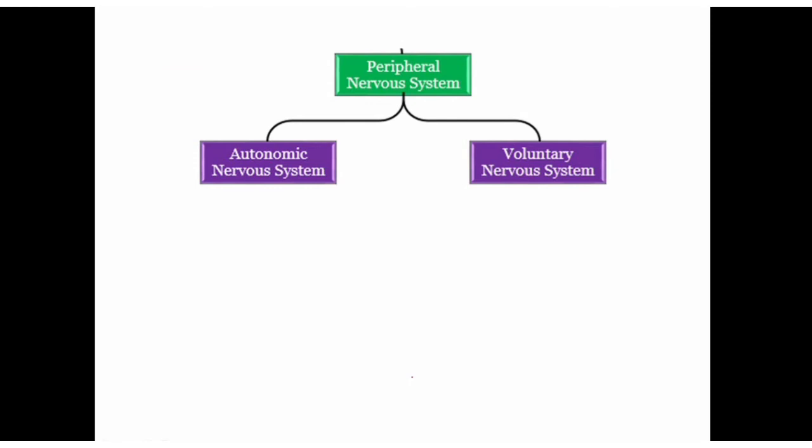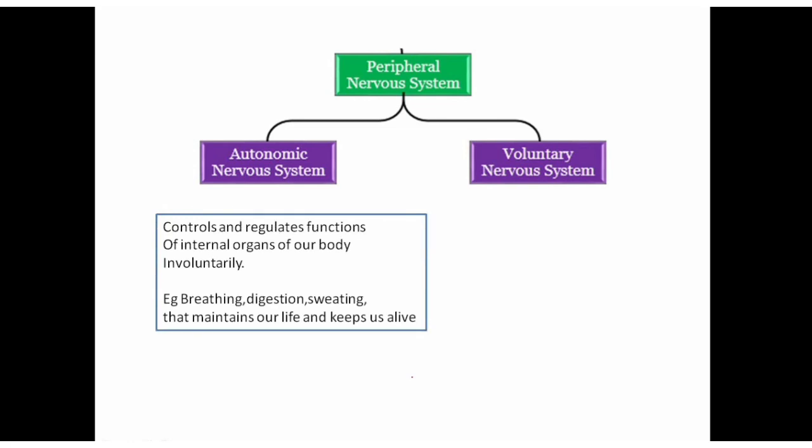Now, we have completed the central nervous system. Now we are going to talk about the peripheral nervous system. The peripheral nervous system is of two types. One is the autonomic nervous system and the next one is the voluntary nervous system. Basically, the ones which conduct involuntary and voluntary functions. The autonomic nervous system controls and regulates functions of internal organs of our body involuntarily.